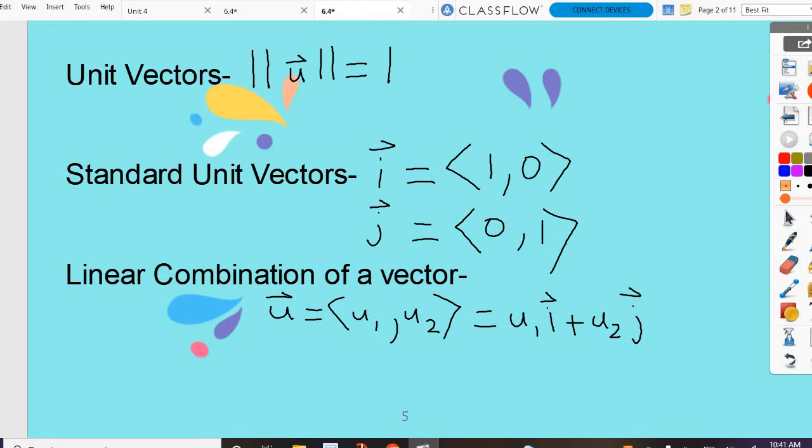So again, it's just kind of another way to rewrite it.